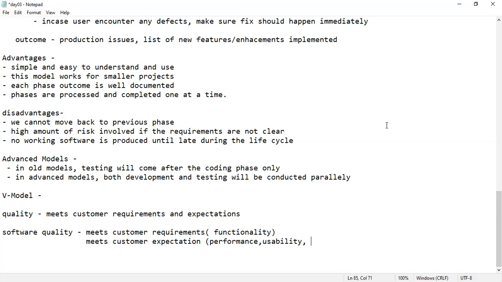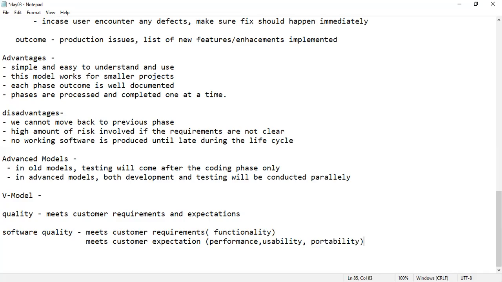What else? Portability. What is portability? The application should work in different operating systems. We have Windows XP, we have Linux, we have Macintosh, different operating systems. We don't know which operating system the customer is using. So that project should work irrespective of any operating system and also irrespective of any browser.